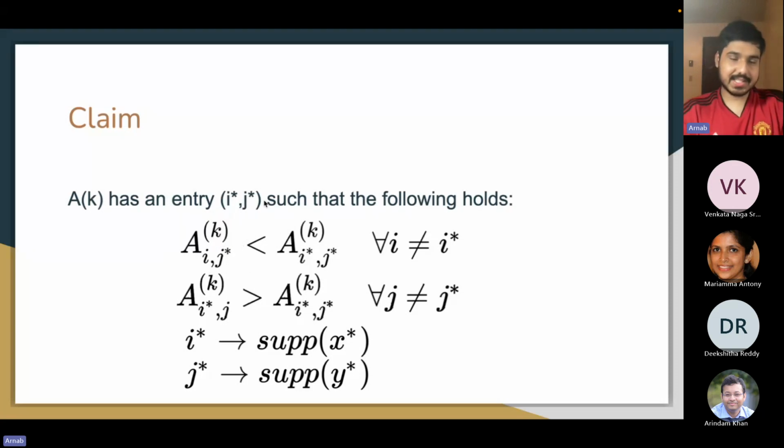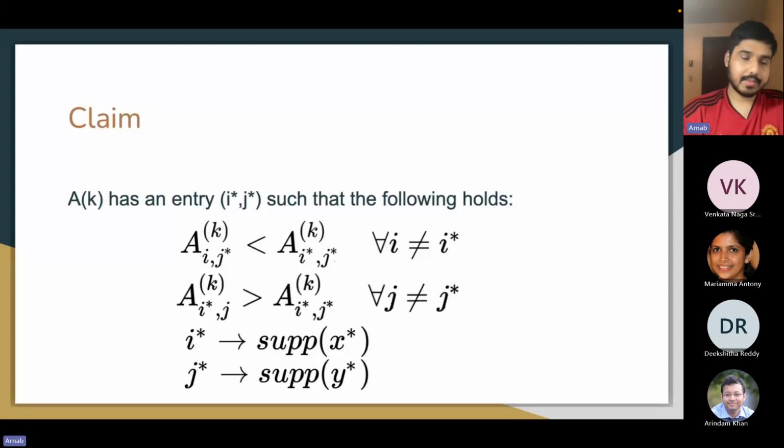So this (I star, J star) will be the PSNE of this higher dimensional matrix, a pure strategy Nash equilibrium. Precisely these inequalities will hold: if you fix J star and change I, then the value will only decrease, and similarly the value will only increase if you change J. So it will be the unique highest element in the column and lowest element in its row.